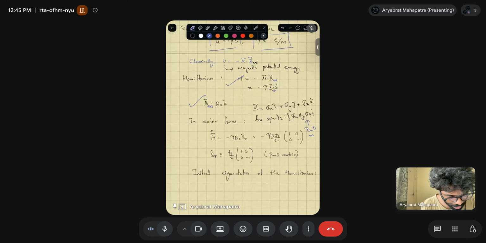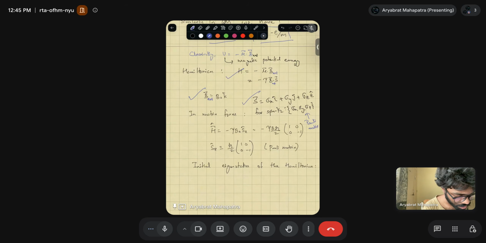That means it is minus gamma B external dot S, so it is minus gamma B naught sigma z. This is what you will have. This S z hat is written as sigma z, because your Hamiltonian is a matrix or an operator.